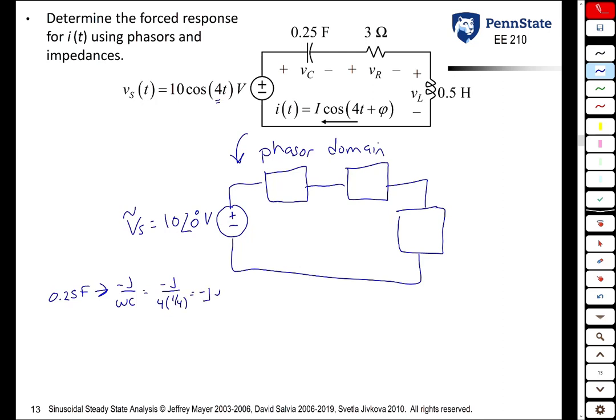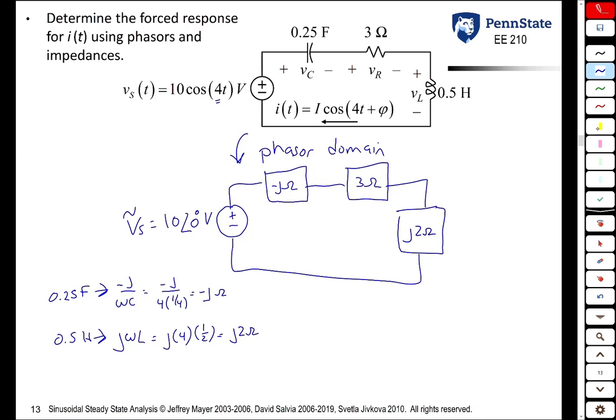It's just going to be minus j ohms. Resistors, you don't do anything to. A 3 ohm resistor is still a 3 ohm impedance. The inductor, the 0.5 henry inductor, gets replaced by j omega L, which is j times 4 times 1/2, or plus j2 ohms.